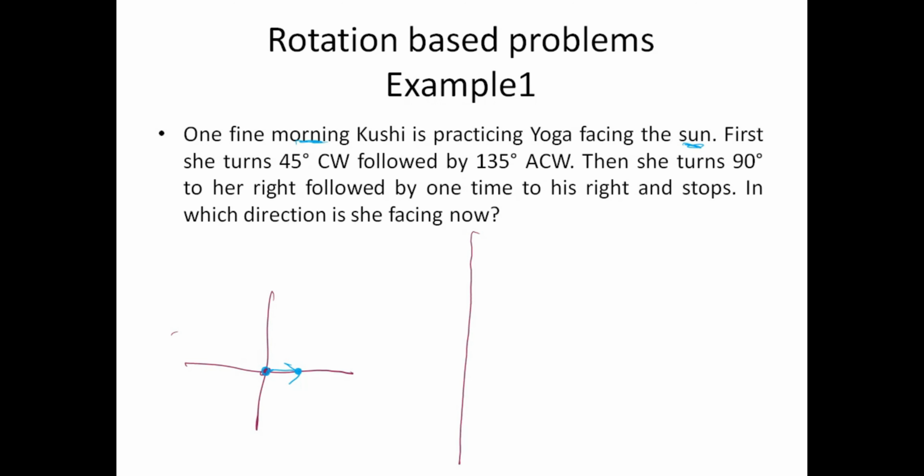So let us take the 4 more derivative directions. This is north, south, east and west. This is southeast, sorry, this is southeast, northeast, northwest and southwest.